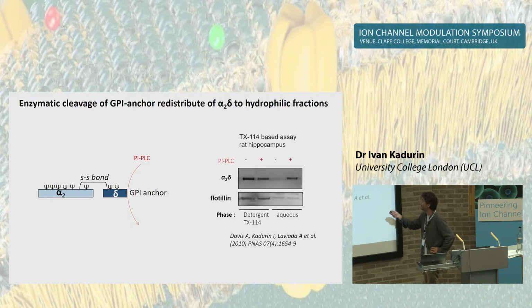We were able to show that the protein redistributes from the hydrophobic, detergent-enriched phase into the hydrophilic aqueous phase. This phase separation assay was one of the pieces of evidence that went into a paper a long time ago showing that the protein has a GPI anchor, which was afterwards confirmed in the cryo-EM structures, happily.